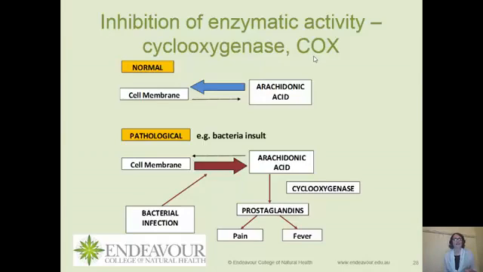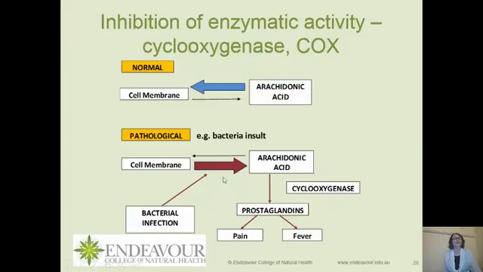And we've chosen this particular enzyme because you've studied it at a biochemical and a physiological level of knowledge. See, this COX enzyme is the important enzyme in cell membranes, where under normal homeostasis, if there's a pathological insult, so something that impacts on that membrane like a bacterium, that speeds up the production of arachidonic acid. Normally any arachidonic acid that is made is readily converted back into non-physiologically active forms of lipids in that membrane.